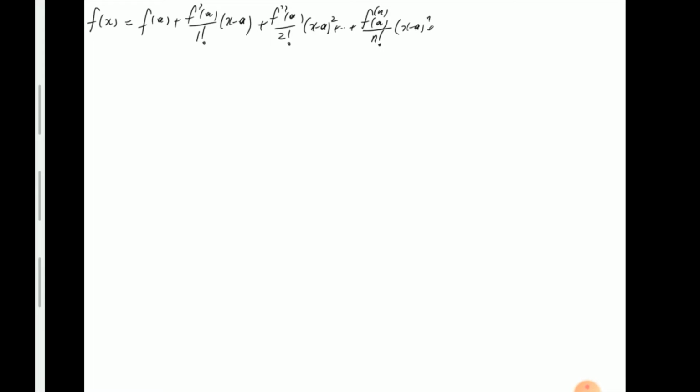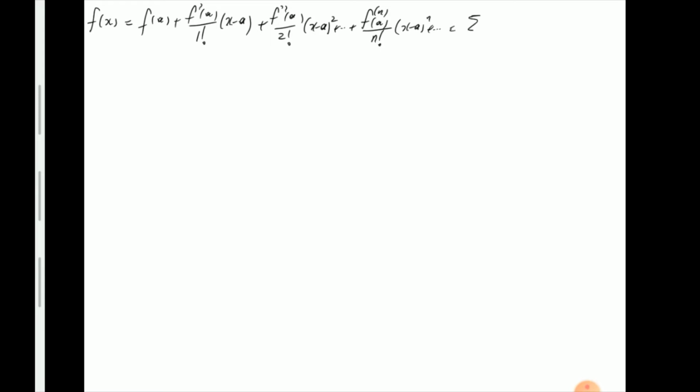All right, so we obtained that f of x as a power series is written as f of a plus f prime of a over 1 factorial times x minus a. I'm just writing those coefficients. Plus f double prime of a over 2 factorial times x minus a squared. In general, the nth derivative of f at a over n factorial times x minus a to the power n.